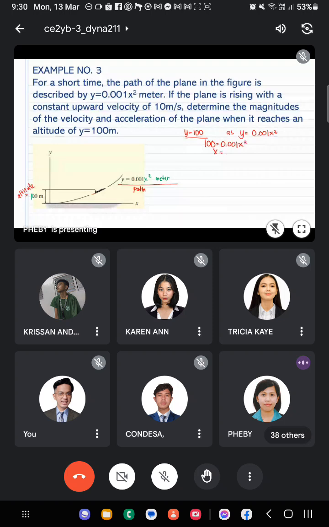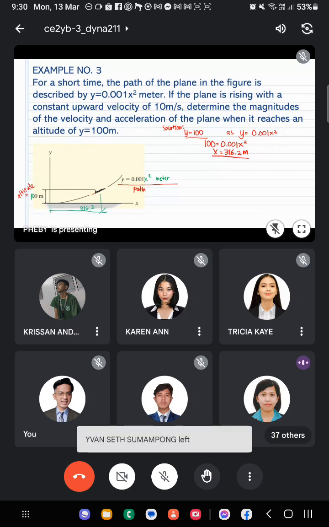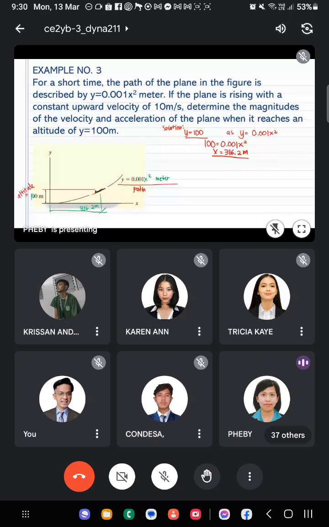So, x is 316.2 meters. So, ito yung ating solution. Dyan sa figure natin, makikita na kung ang kanyang altitude is nasa 100 meters na, yung kanyang x now will be 316.2 meter. Using this path formula, nakuha natin yung kanyang x component or yung distance x niya.